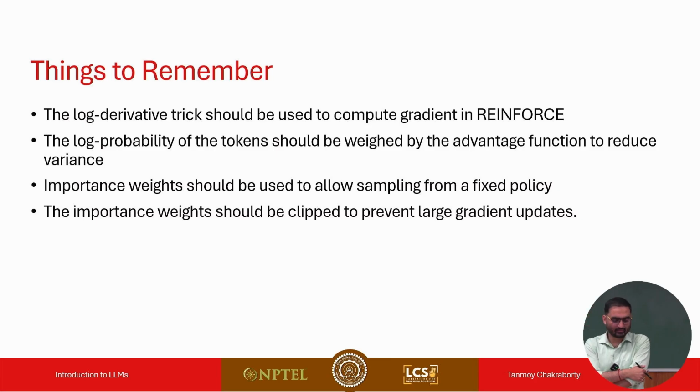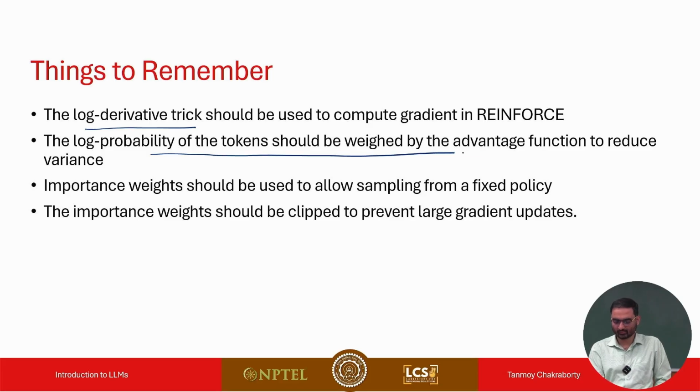Okay, so things to remember: the log derivative trick is very important. The log probability of the tokens should be weighted by the advantage function. Importance weights should be used, and importance weights should be clipped in PPO.